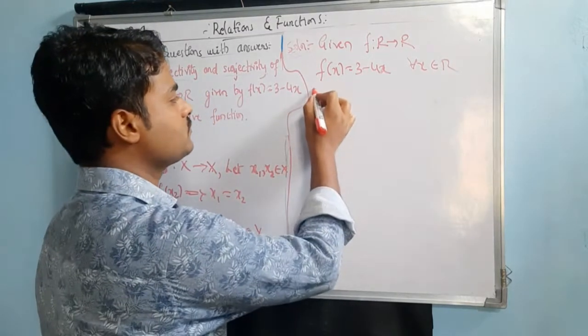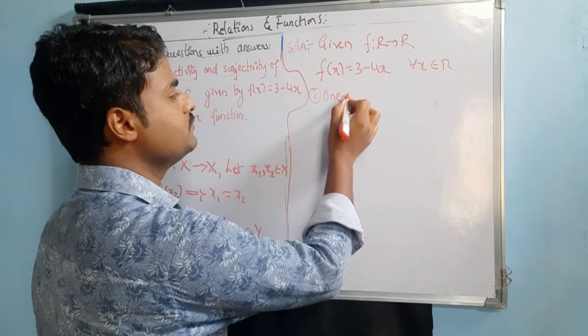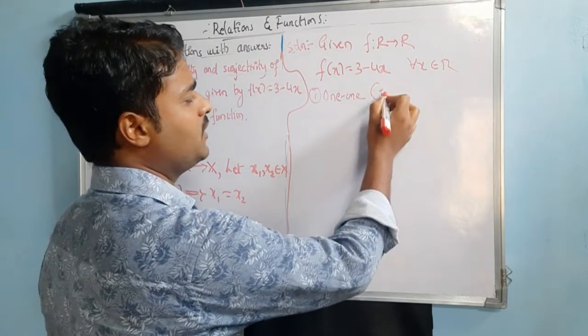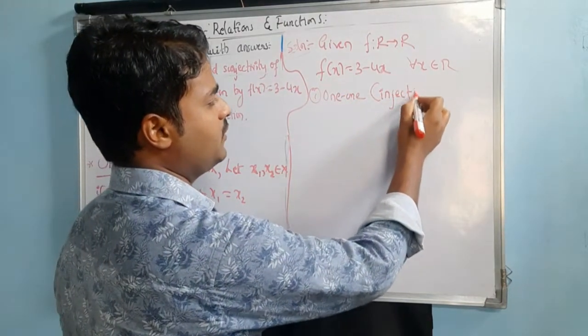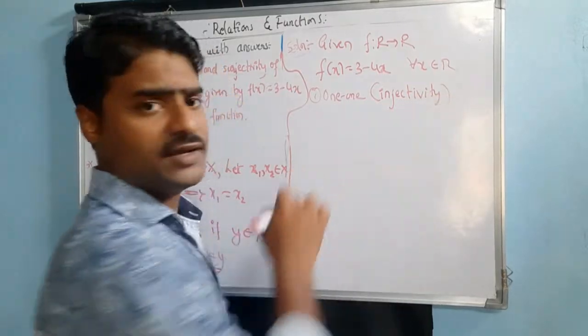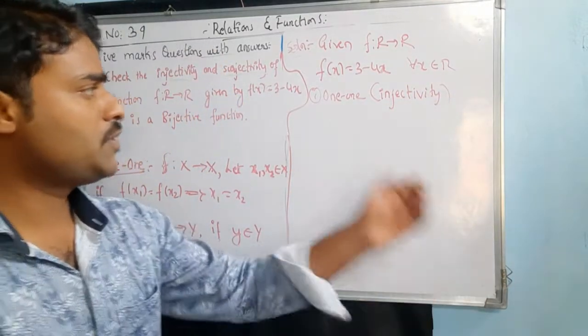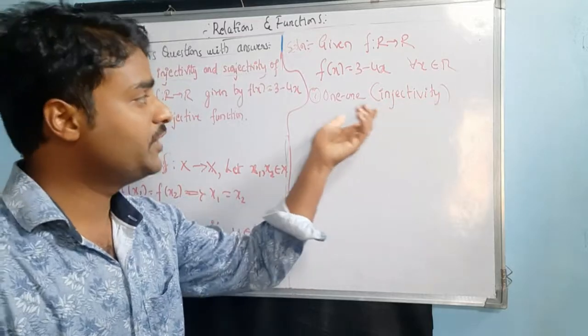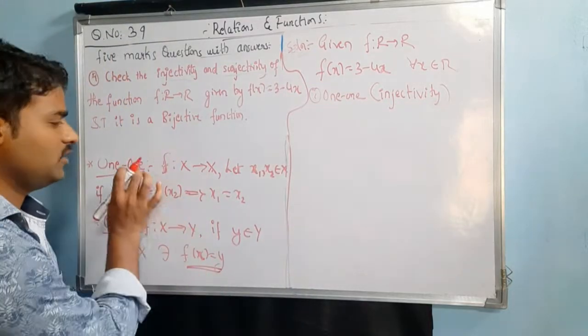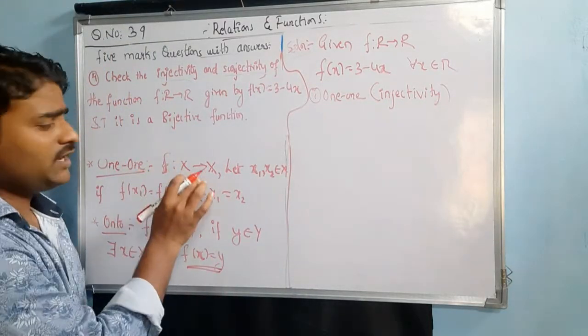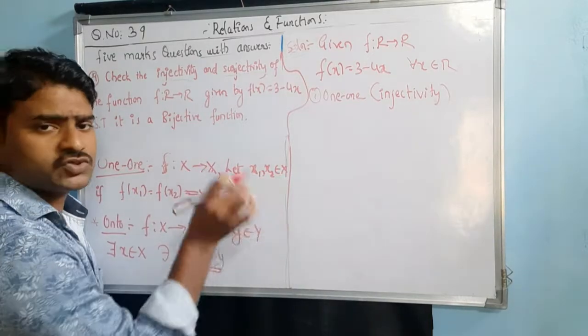So first one, 1 1. 1 1 is nothing but an injective function. Injectivity. Just remember 1 1 is nothing but injectivity. So in 1 1 check ಮಾಡಕ್ಕೆ ಏನು ಮಾಡಬೇಕು? So ಇಲ್ಲಿ ನೋಡಿ, 1 1 ಅಂದ್ರೆ f of x1, x2 choose ಮಾಡಿ.